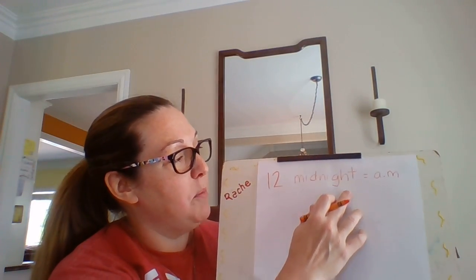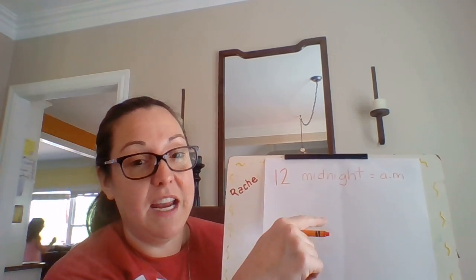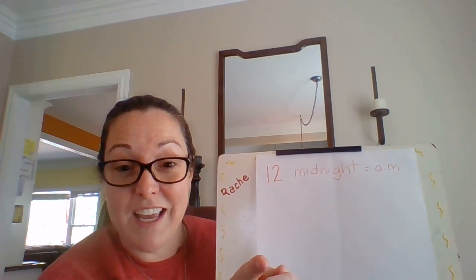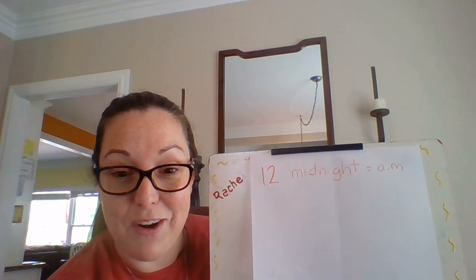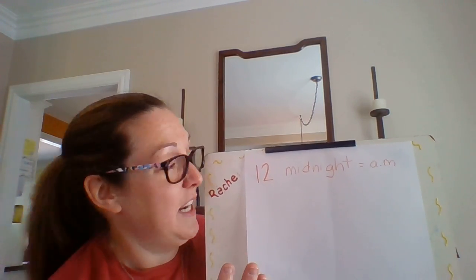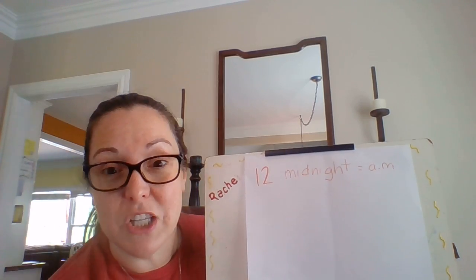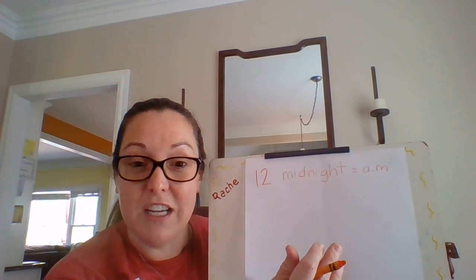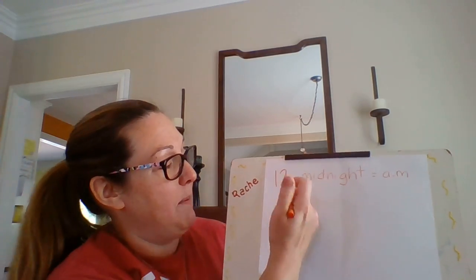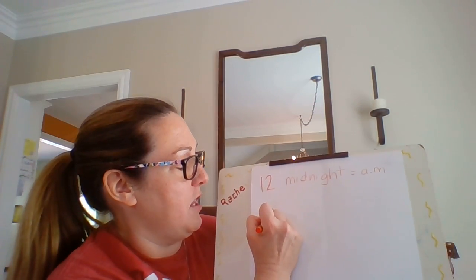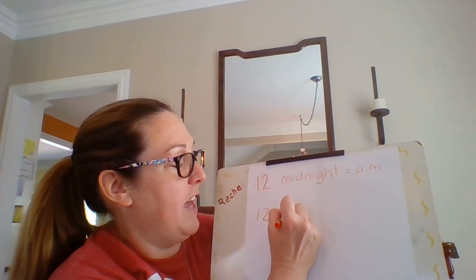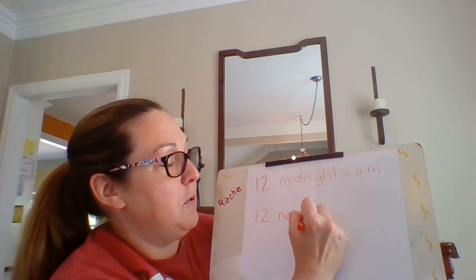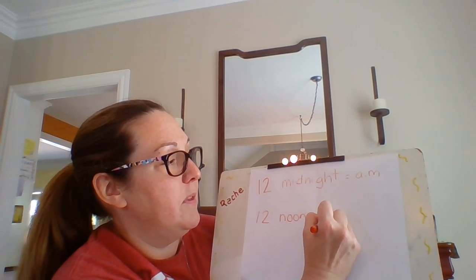And then a.m. lasts 7 o'clock a.m., 8 o'clock a.m., 9 o'clock a.m. Our normal school day is starting. So it's still morning, 10 o'clock a.m., 11 o'clock a.m., and then it switches over now, 12 o'clock noon at about lunchtime.